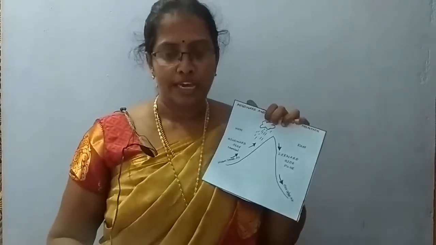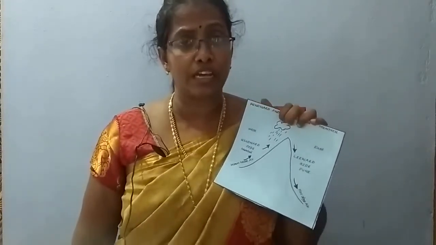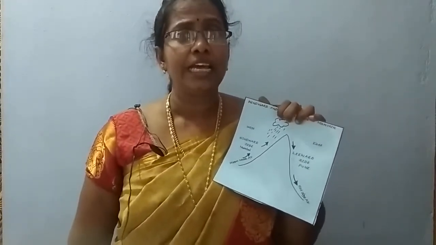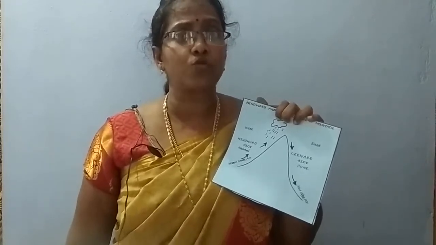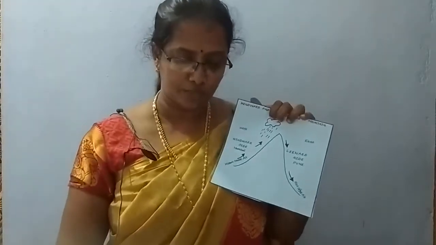The leeward side is otherwise called the rain shadow region. Excluding the western coastal area, the remaining part is located in the leeward side of the mountain, so they could not receive any single drop. That is the speciality of the southwest monsoon.